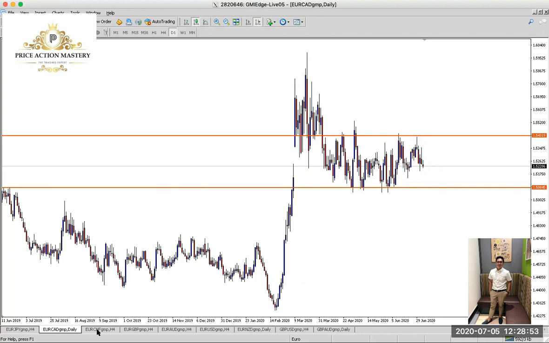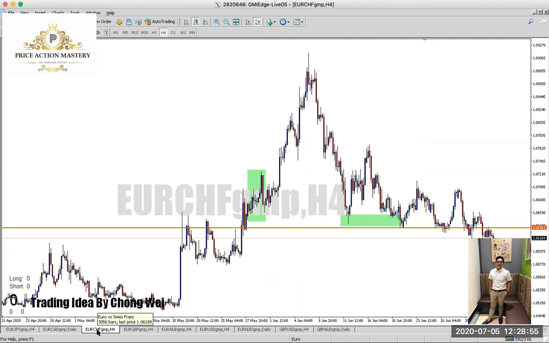Okay, Euro CHF. As I mentioned earlier, Euro is strengthening, but why does Euro CHF look like a downtrend? It's because of who it is pairing with.